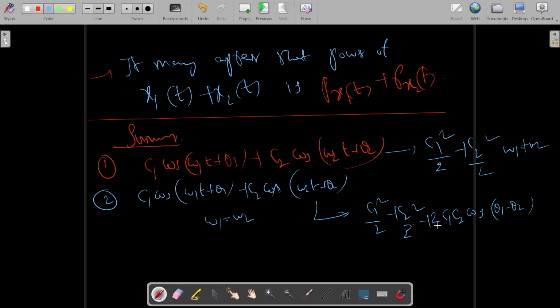So this is the extra term we got. That is what I am telling here. It may appear that the power of x1 of t plus x2 of t is the sum of the powers of these two signals, but in general this is not true. This is the proof for that.